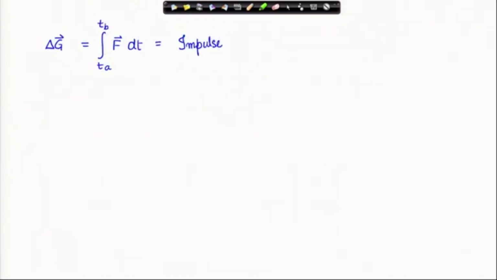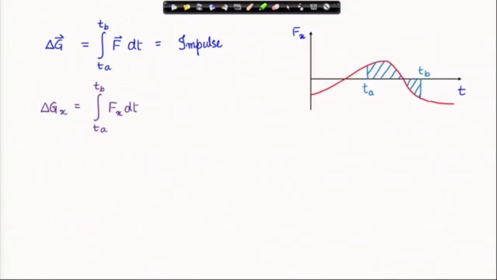This is the relation, I have rewritten it. Now, imagine that this force vector has three components F_x, F_y, F_z in Cartesian coordinates, let us say. Because the impulse is a vector, since force is a vector and time is of course a scalar, I can write down the three components of the change in momentum and the impulse of the force in x, y, z.